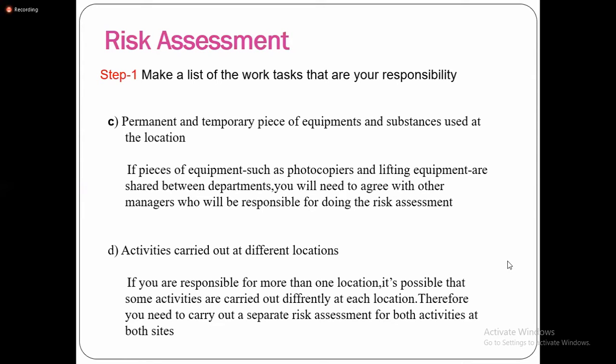But you should specify who is responsible for carrying out the assessment for that particular equipment. It could be HR or it could be finance, and you have to clearly specify that, right? And also activities carried out at a different location. Assume you are responsible for more than one location, it is possible that some activities are carried out differently at each location, right? Therefore, you need to carry out a separate assessment for the activities at both sites.